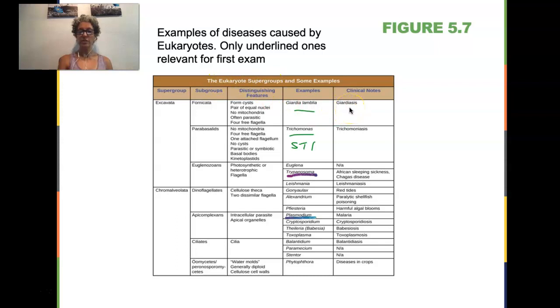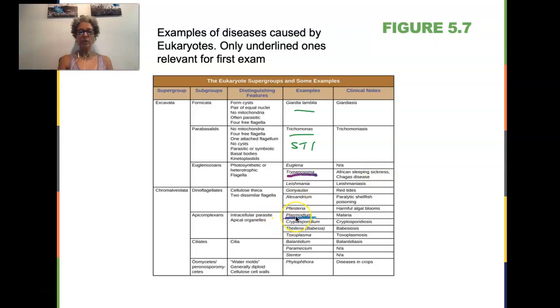Causes giardiasis. Trichomonas cause the sexually transmitted illness, trichomoniasis. That's what STI stands for, sexually transmitted illness. I've underlined Trypanosoma. They cause African sleeping sickness that we'll see on another slide in this lecture.